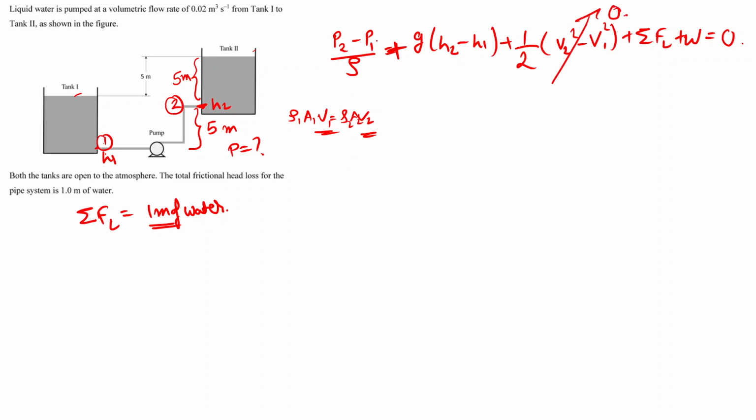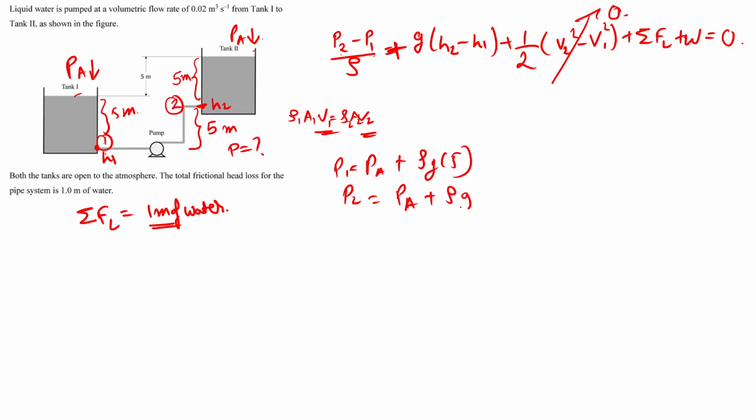Now let's calculate the pressure at point 2 and point 1. Over here at point 1, atmospheric pressure is acting in this direction, so at point 1 it will be PA plus rho g h, and the height is 5 meter. That is, P1 is equal to PA plus rho g into 5. Similarly, P2, the pressure at this point, will also be PA plus rho g into 5 meters, so it will remain the same.